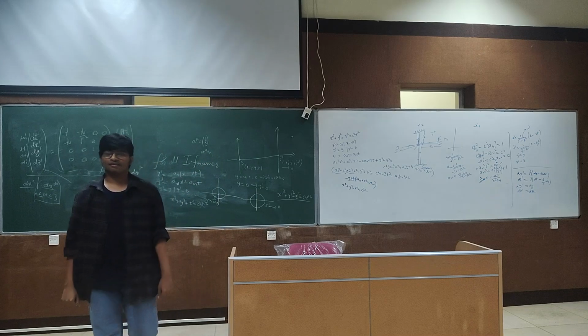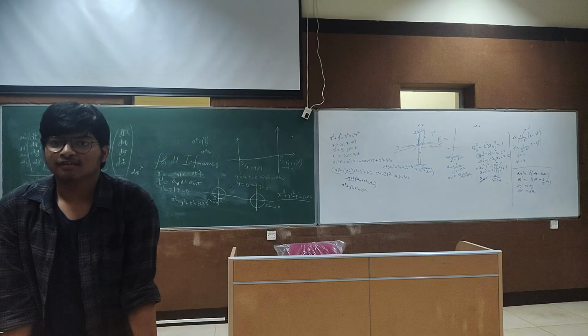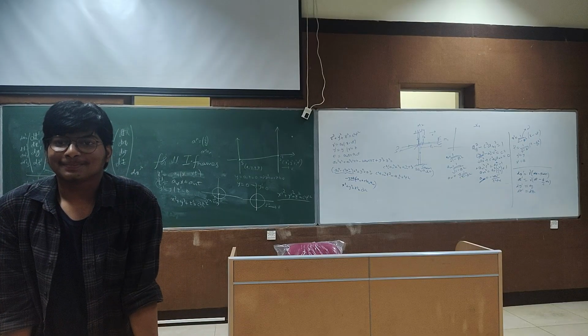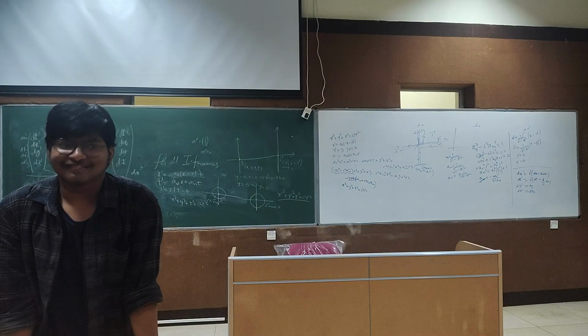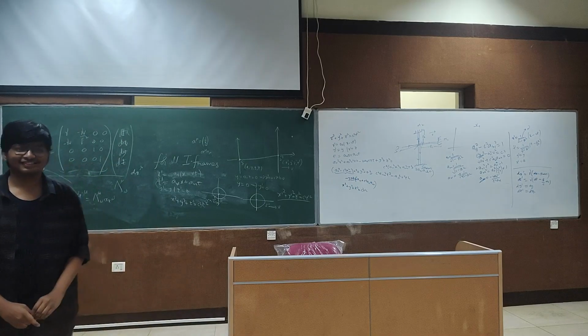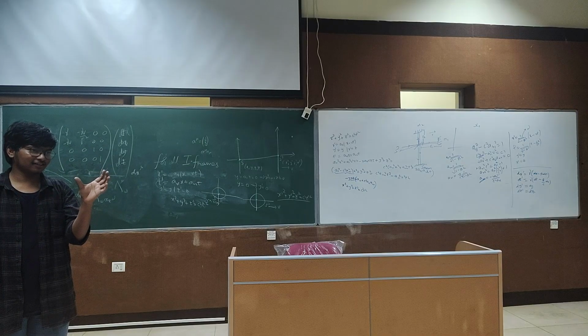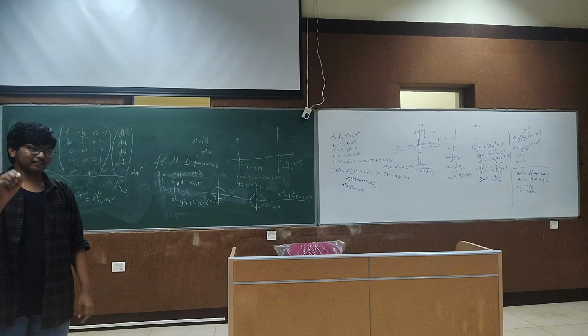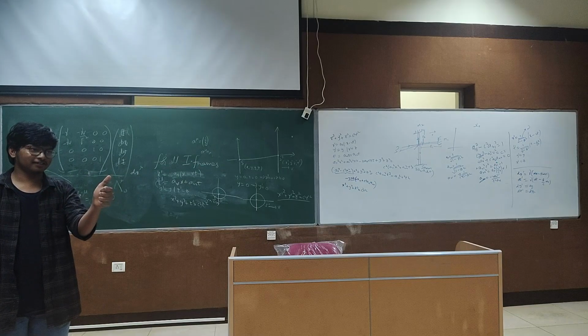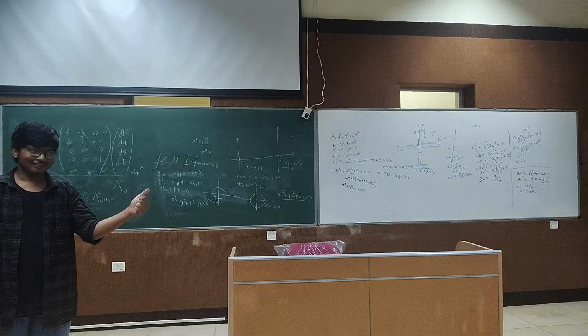Why do you use superscripts and subscripts in some cases? I'll come to that. See, when you write a normal matrix in your 11th or 12th standard, you write Aij. Who told you that it should be a subscript? No one. You will confuse it with a power.